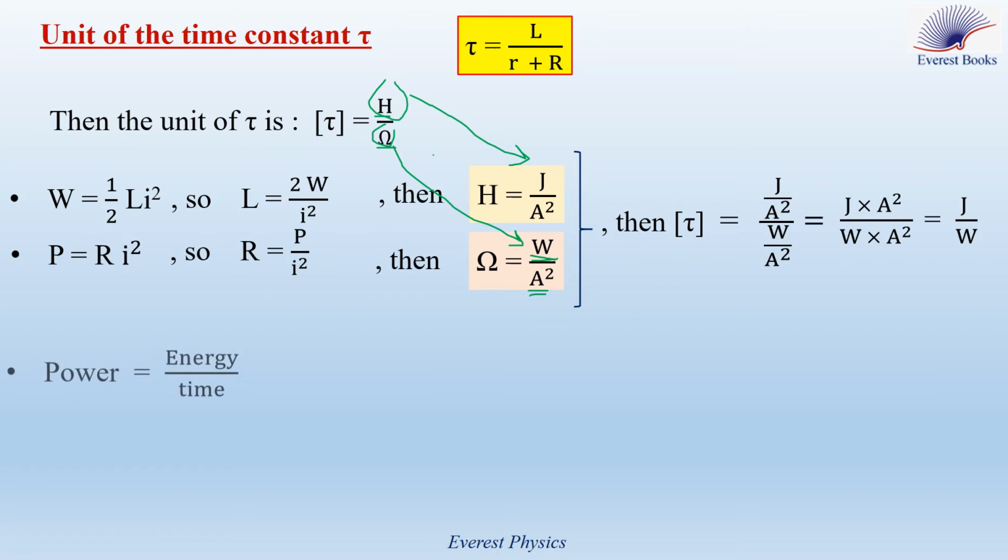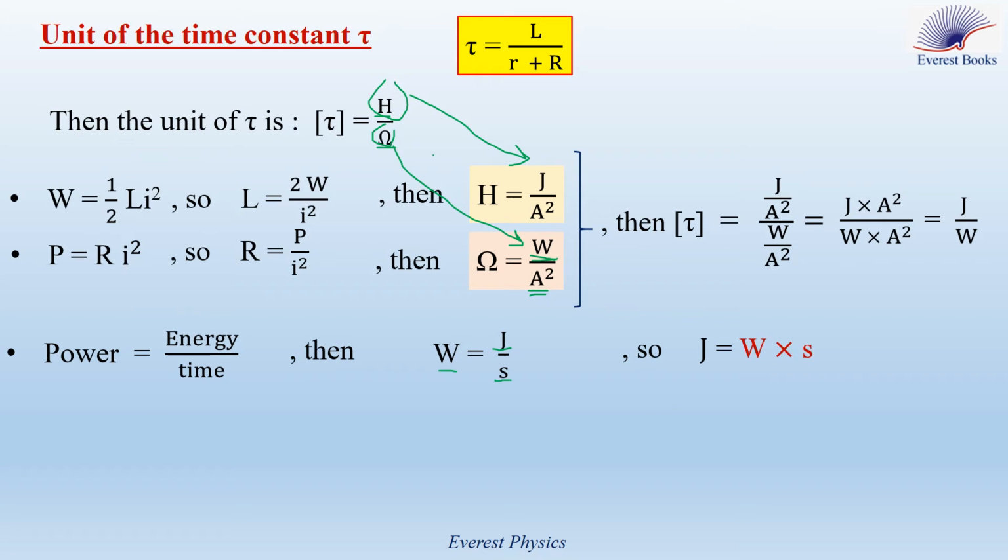Now also, if you want to calculate the power, then you divide the energy by the time, which means that the watt is equal to joule divided by second. This is going to be joule is equal to watt times second.